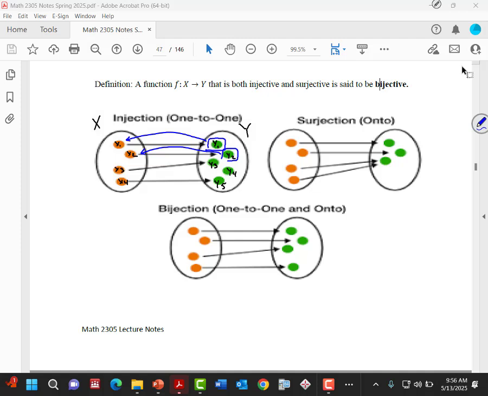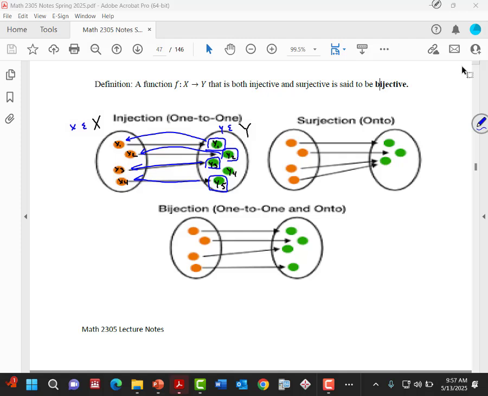And so these little y's in Y are the mappings of one and only one little x in the domain.